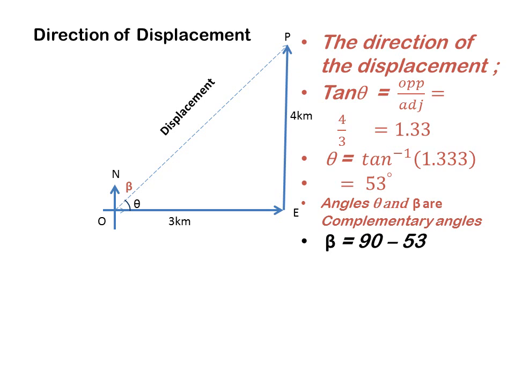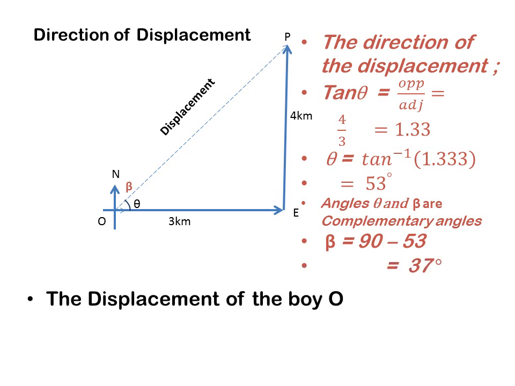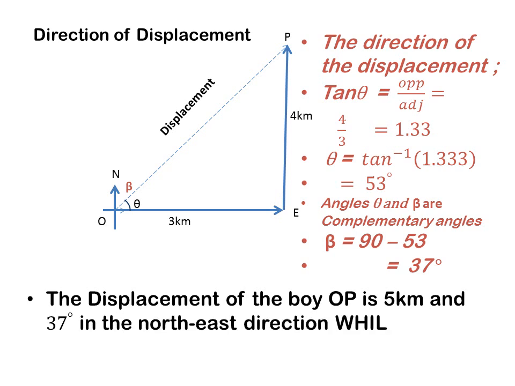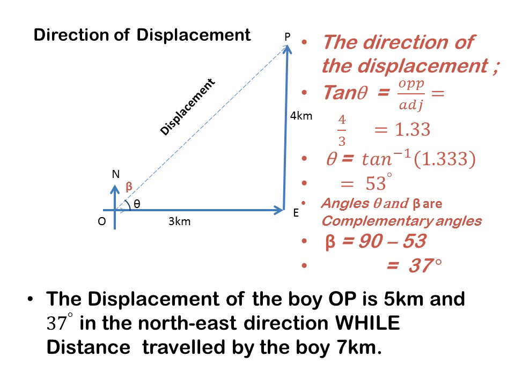So 90 minus 53 will give us angle beta, and that is 37 degrees. The displacement of the boy OP is 5 kilometers at 37 degrees in the northeast direction, while the distance traveled by the boy is 7 kilometers.